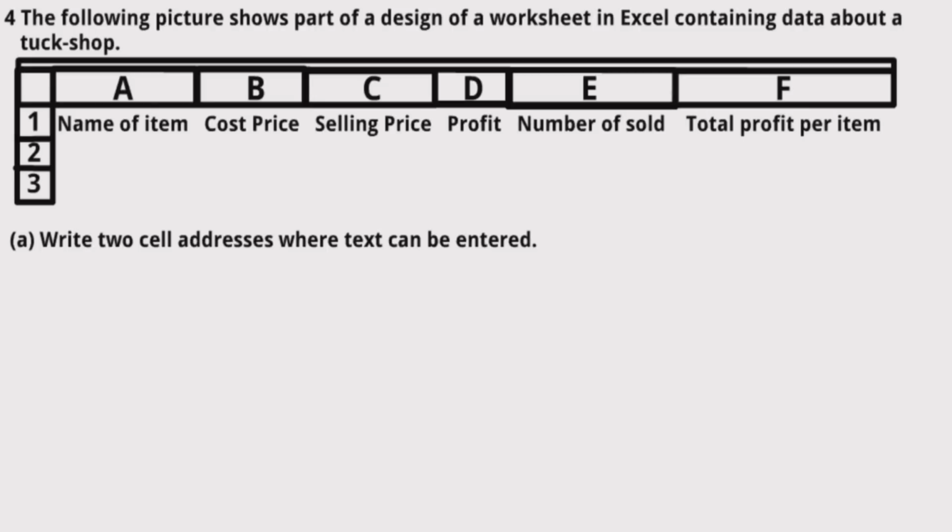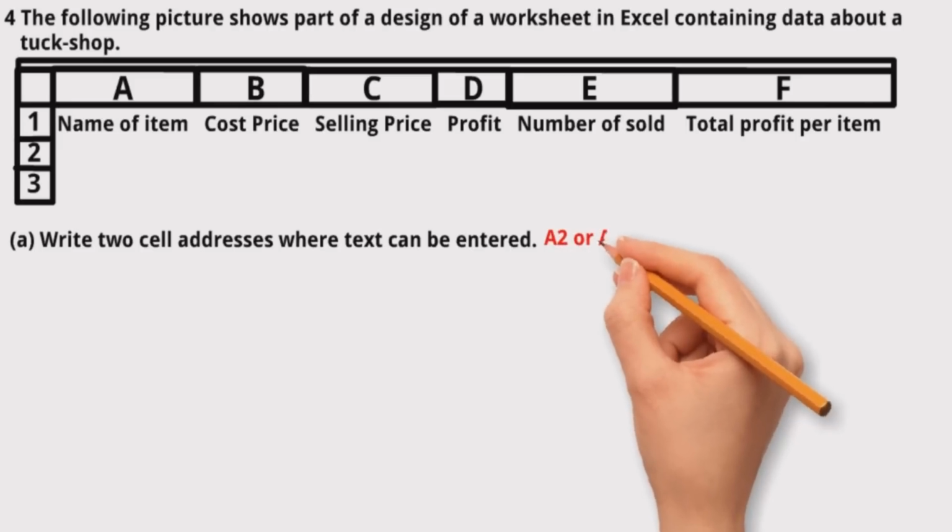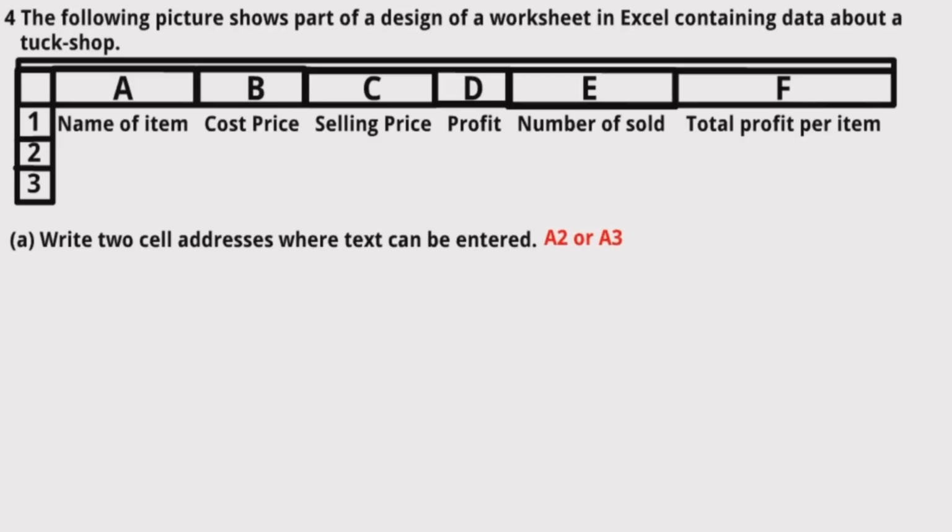Okay, so where text can be entered, we have got A2 and A3. So in A2 and A3, that's where text can be entered.